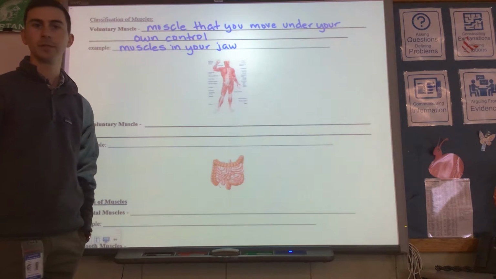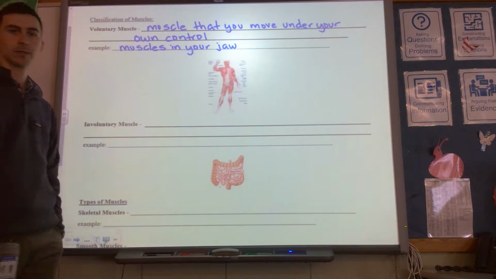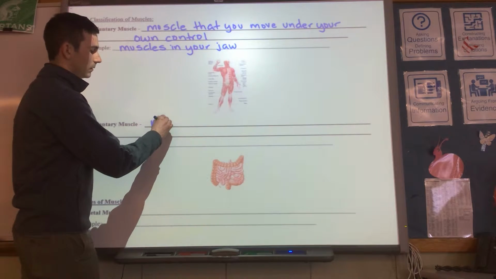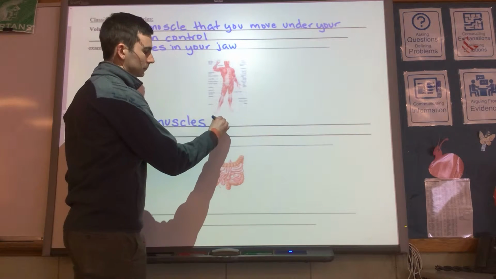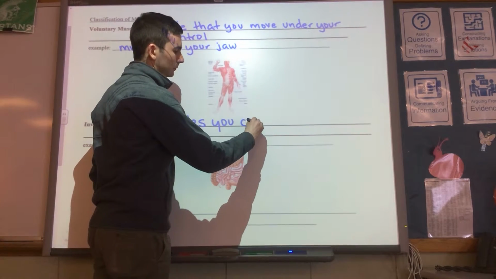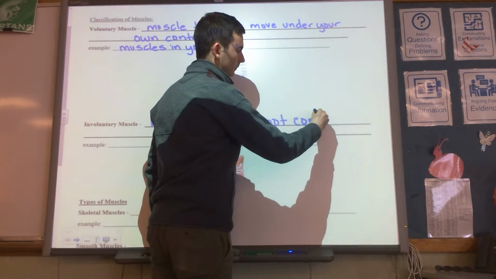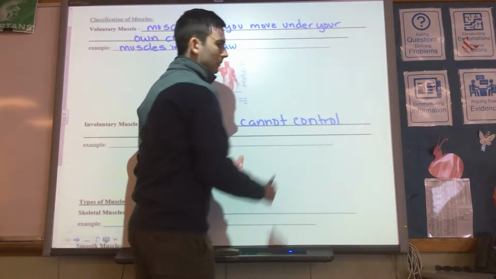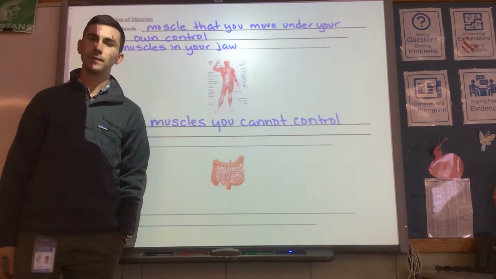The next types of muscles are involuntary muscles. These are the opposite of voluntary muscles. These are muscles you cannot control. A good example of these types of muscles are going to be muscles in our digestive tract.